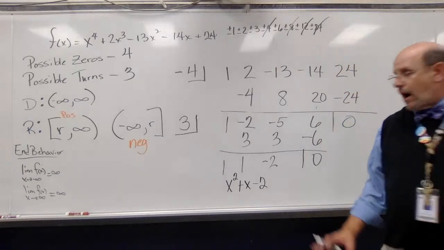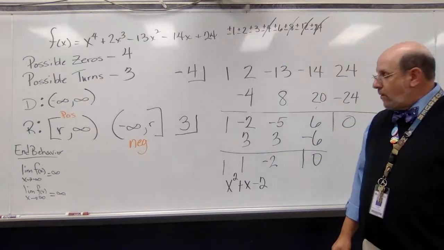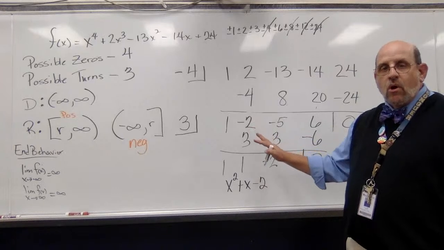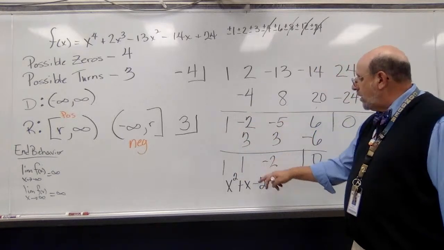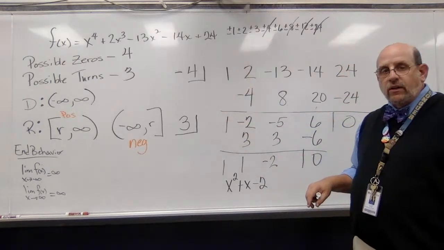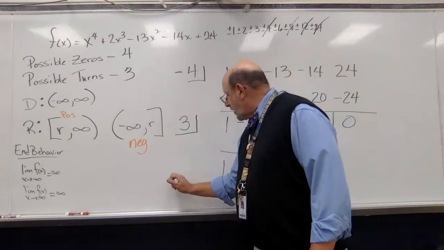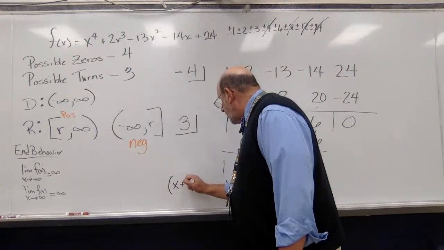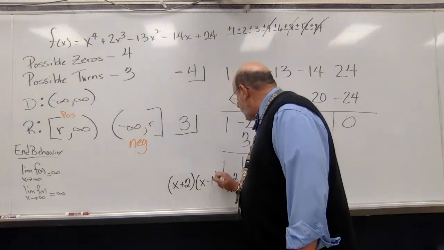Okay? And so I can factor this little fellow right here if I want to. If I know how to factor, I can stop now. Or I can continue to put in factors of -2 to find my final 2 zeros. But I know how to factor this. This is actually x plus 2, x minus 1.